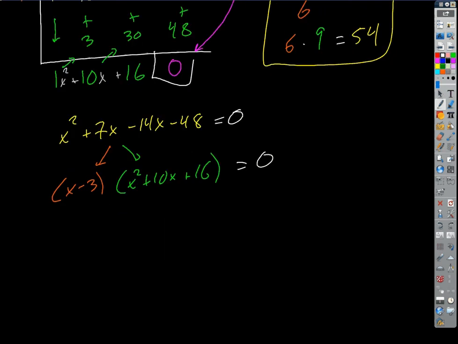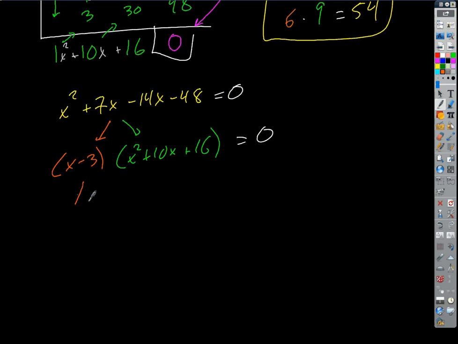Well, we already have 1. We know that 1 zero is 3. That was given to us. All we've got to do is take the other polynomial and find its zeros, right? How are we going to do that? I mean, we're just going to set the quadratic expression equal to 0, right? So if we set the factor equal to 0, how are we going to solve that one? We could use the quadratic formula, but is there a shortcut?